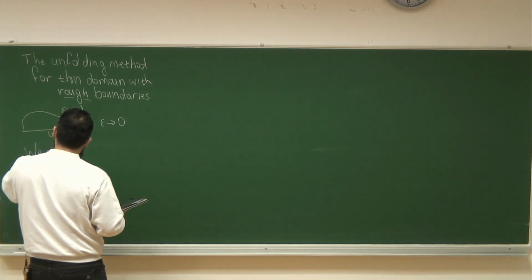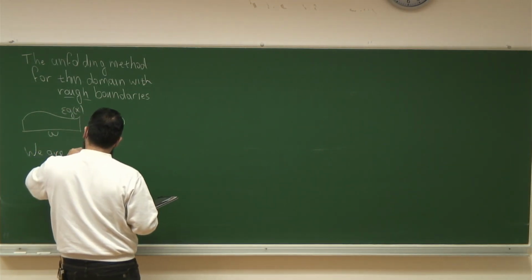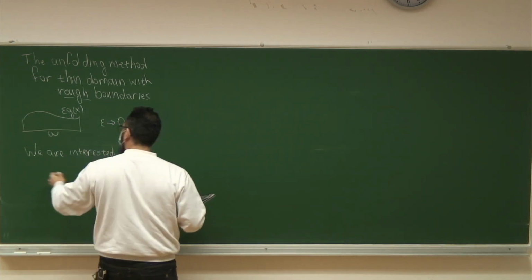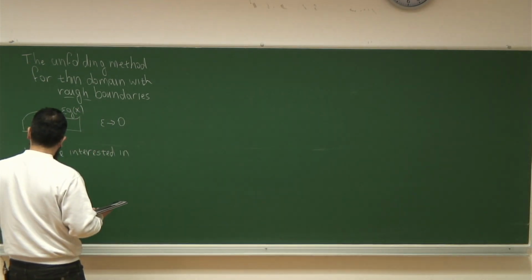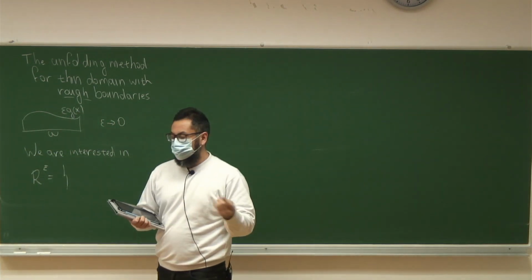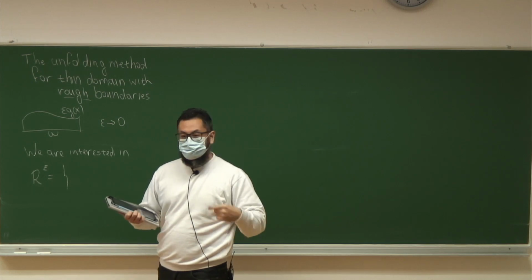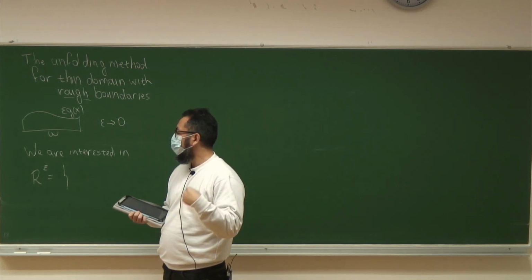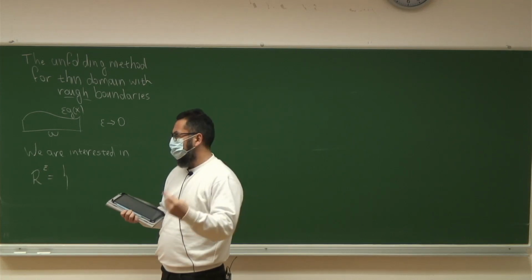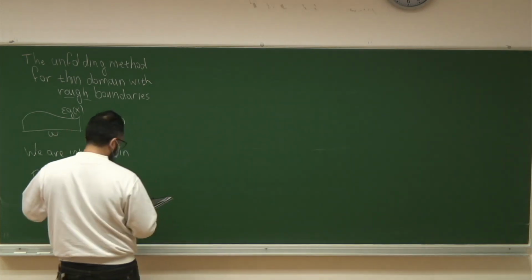We are interested in the following class of domains. I will for now get the 2D case because it's a lot more simple to deal in a lot of contexts. But you can think at 3D, 4D, any dimension.